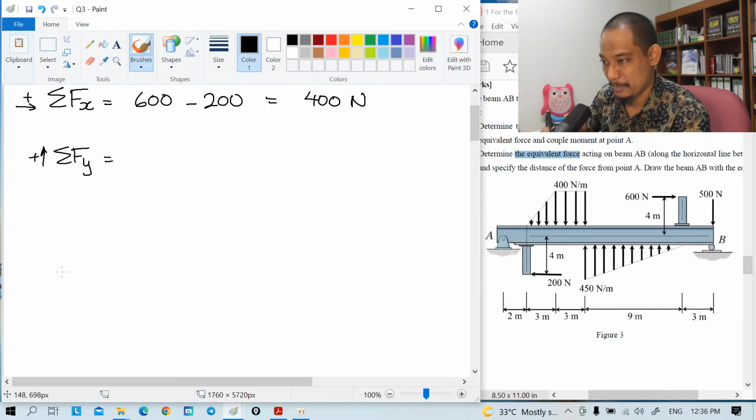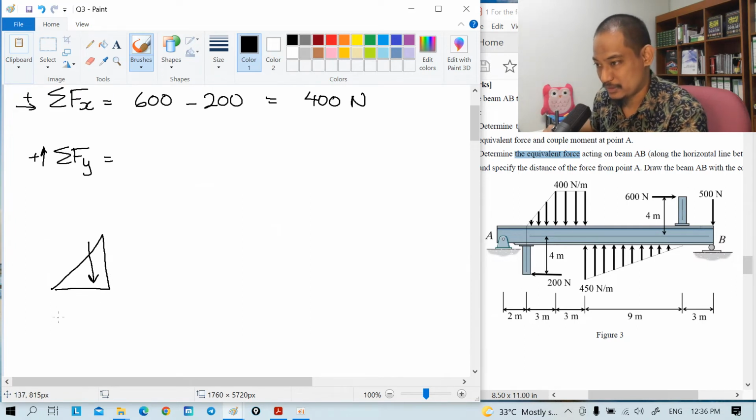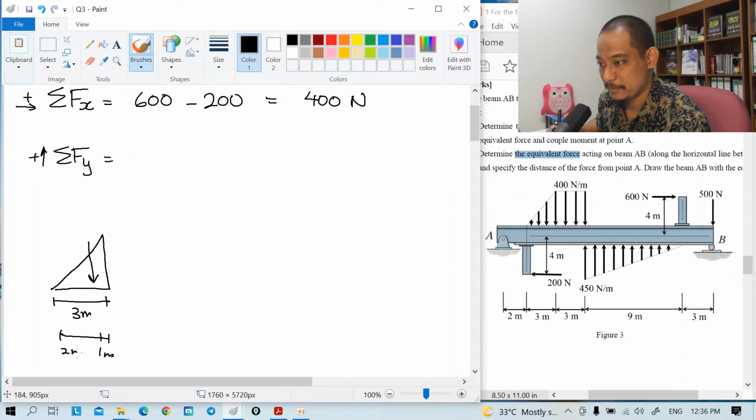Here is the triangle, so consider this triangle. The force will be here, with 1/3 and 2/3. The total distance is 3 meter. So this is 1 meter, this is 2 meter, right?